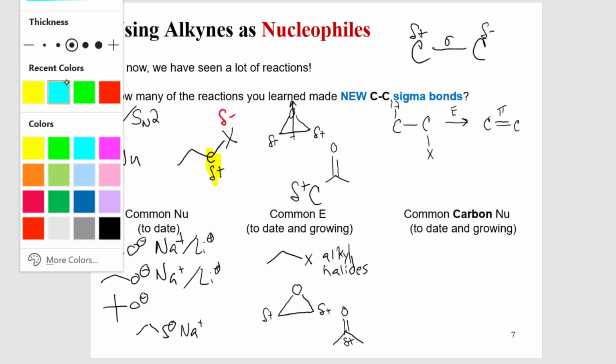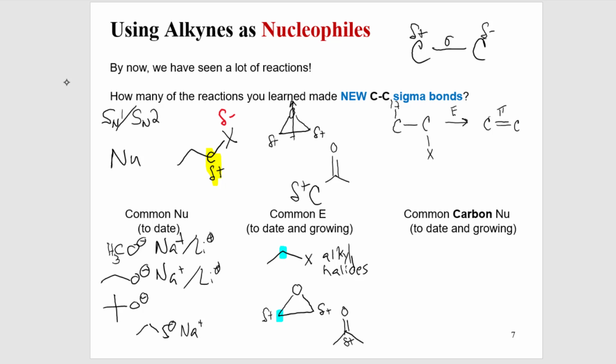So let's highlight these carbons. Partially positive, two partially positives, one partially positive. Partially positive carbons.